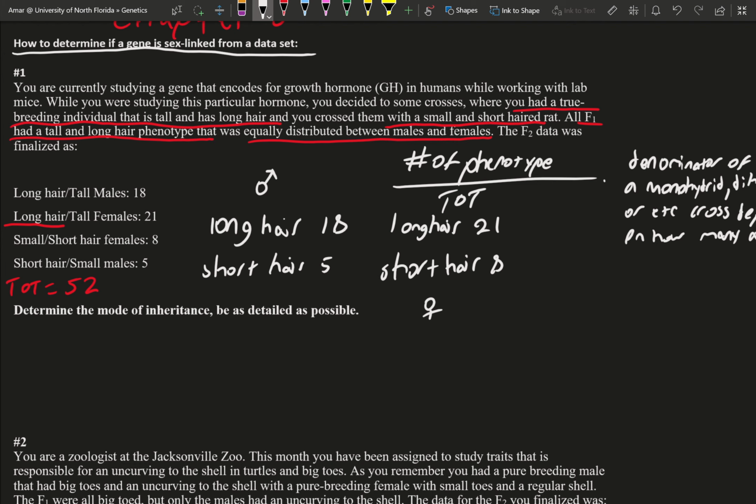And the total between the males and females should be different, and you should use the totals between the males. So what I mean by that is you would add 18 plus 5, you'll get 23, and you're going to use this total as your denominator for the equation. Because we're only looking at the males, not both of them together, okay?